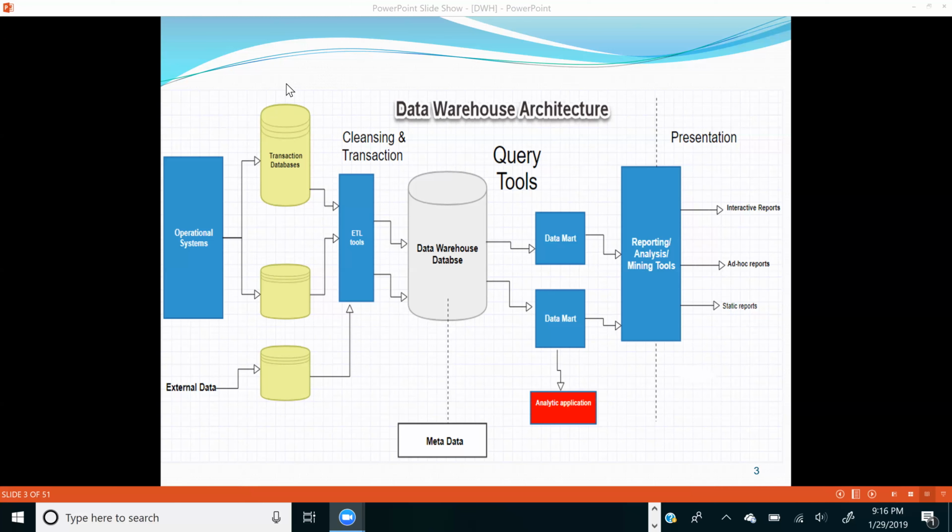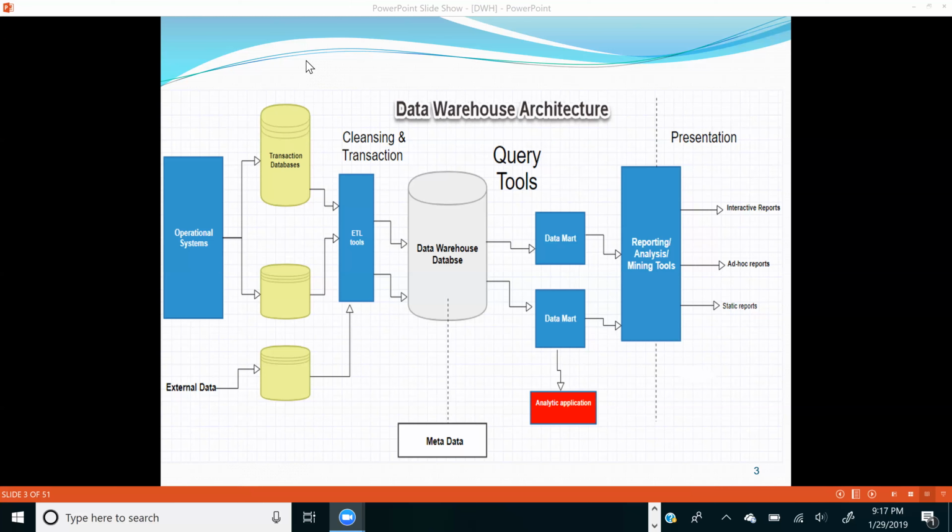Now just try to understand: whenever we take any system, be it bank, insurance, retail, manufacturing, or healthcare, there won't be one single transactional database. There will be multiple transactional databases. Whenever you take any business, it has different departments.